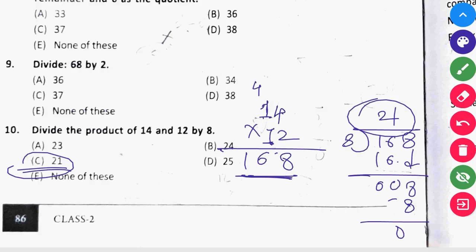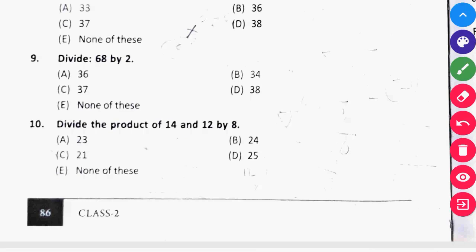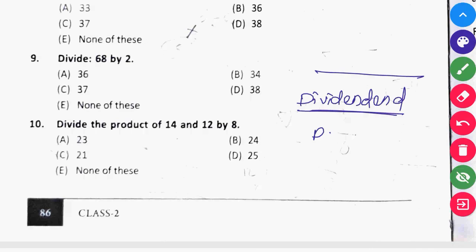Okay. I hope you all understand division. It is a simple thing. It is the reverse of multiplication. It is the repeated subtraction of the same number, or the grouping into equal parts. In division, there is one dividend which gets divided by the divisor.